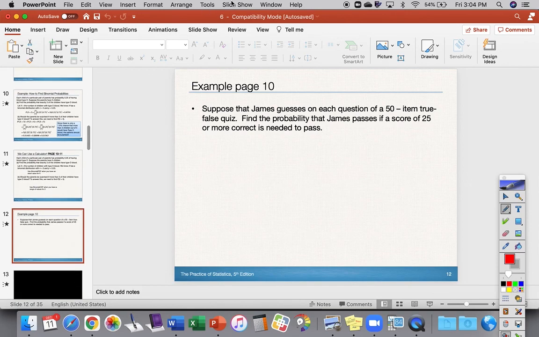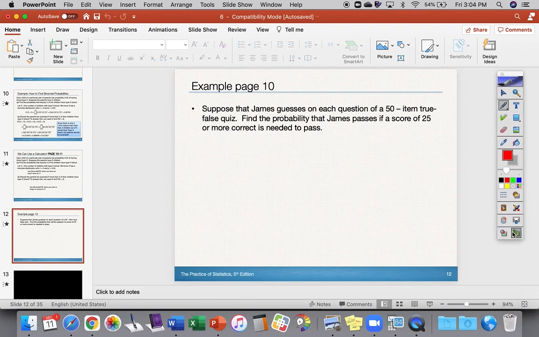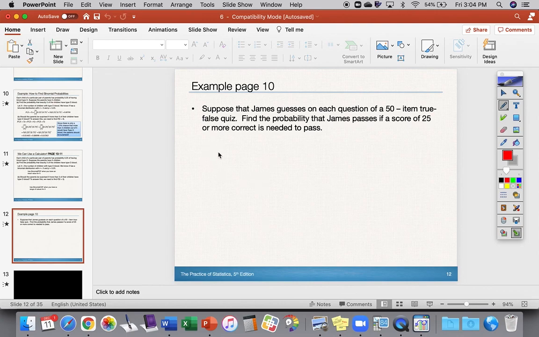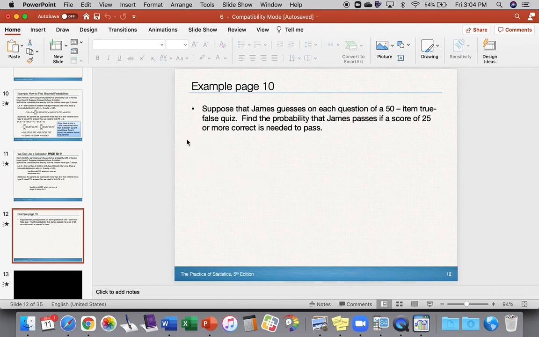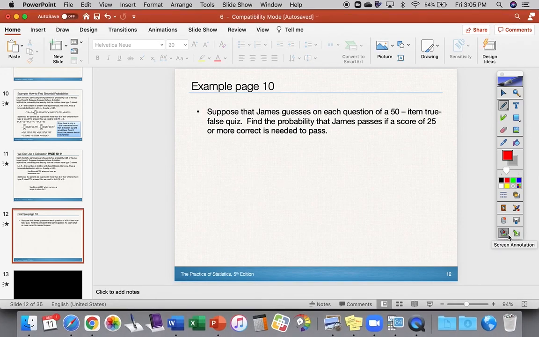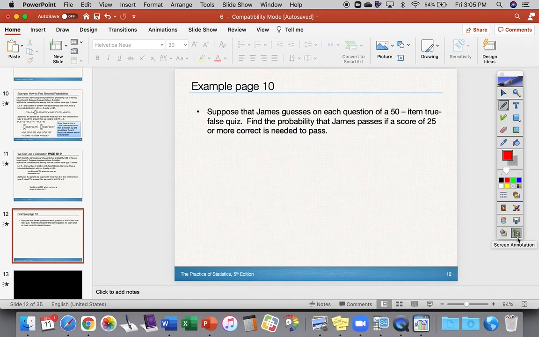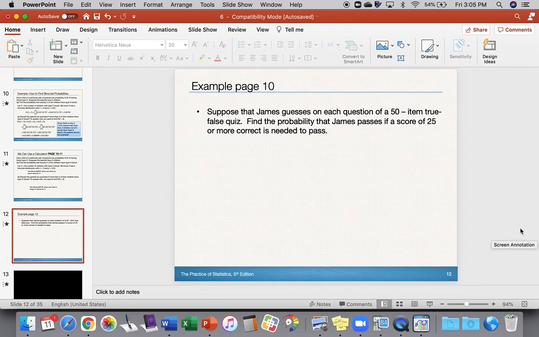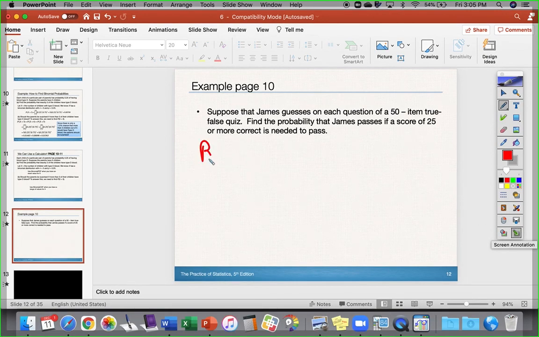Last question of today. Suppose that James guesses each question on a 50-item true-false quiz. So let's make sure this is binary. It's binary because it's true or false, so success, failure.